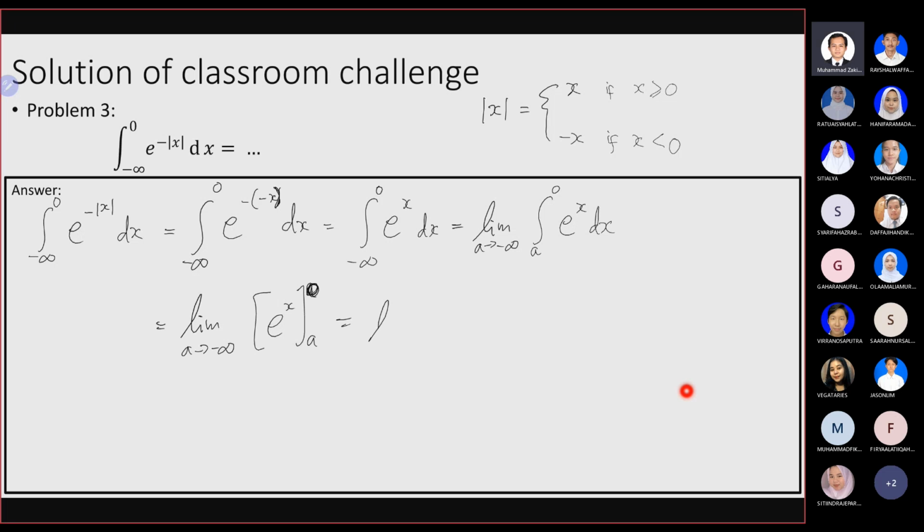Now this is equal to the limit a goes to minus infinity of, if we put 0 it is 1, and 1 minus e power a. Since a goes to minus infinity, this is equal to 1 minus 0, which is 1.